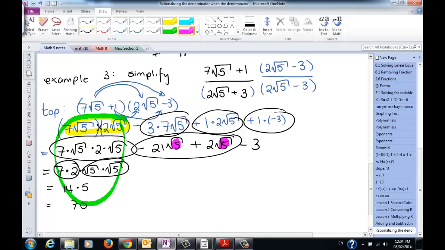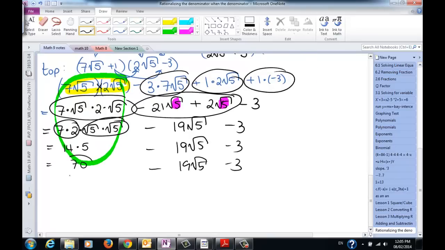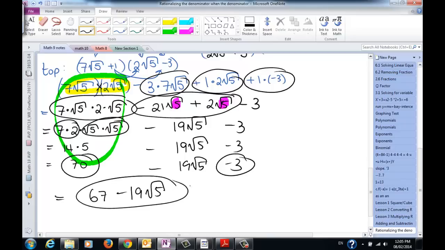They're both the square root. So I've got negative 21 plus 2 of them, minus 19 root 5. And here I have minus 3. So it's 70 minus 19 root 5, minus 3. And I've got another like term here. So I end up with 67 minus 19 root 5. Alright, so I have my top. My top is done. Okay, it's a little bit of work.